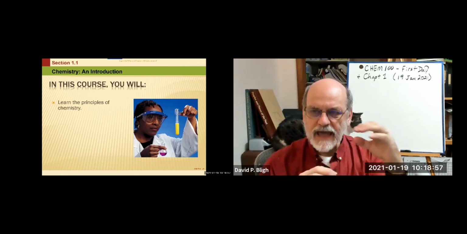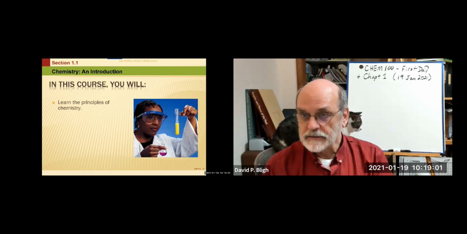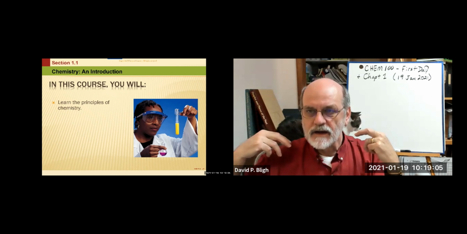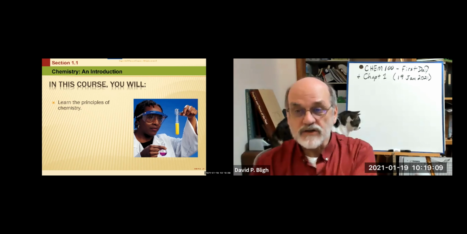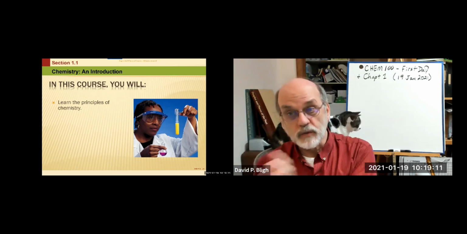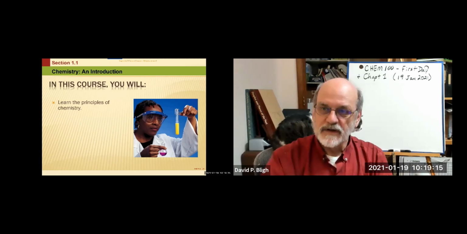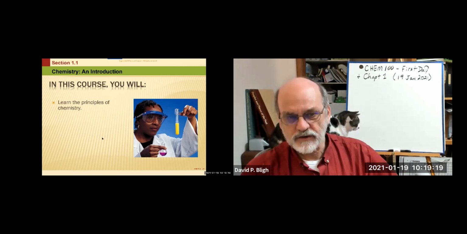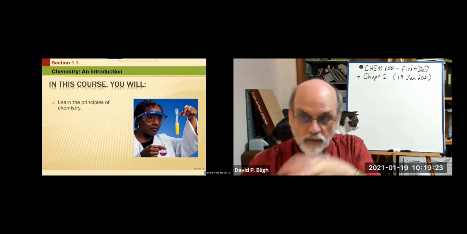So we create categories, we create laws, we create principles that can be applied to nature that help us understand it. But those principles that we develop are not what nature is doing. Nature just does what it does. These principles are what we develop so that we can understand it. All right, so there's that dichotomy between what is and what we think is.